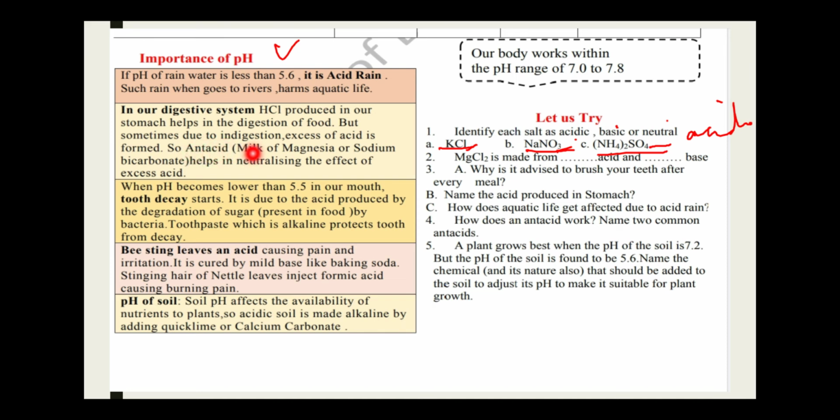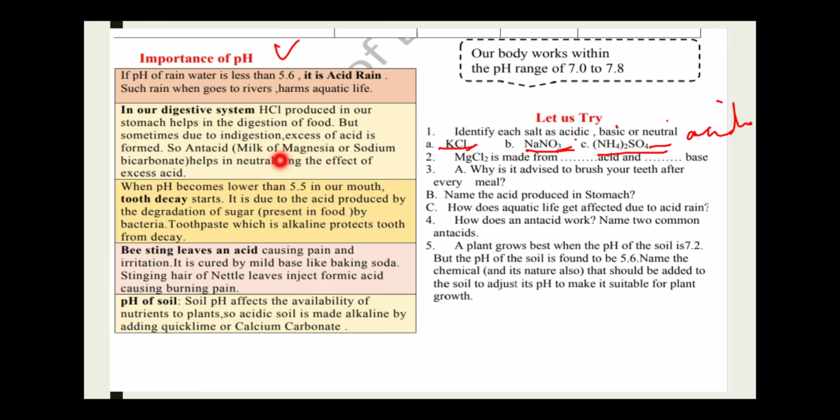Antacid means that which works opposite to an acid. They are composed of milk of magnesia or sodium bicarbonate that neutralize, that means they contradict the effect of acid and get it neutralized. Okay, so for neutralization, you know the reaction between an acid and a base is called a neutralization reaction.